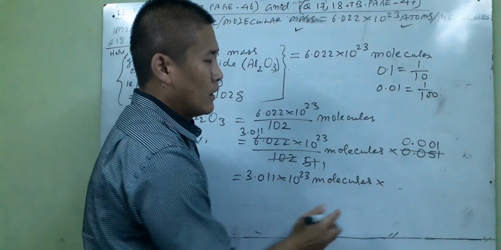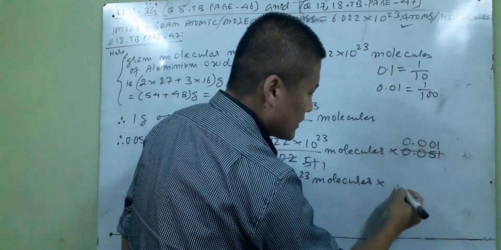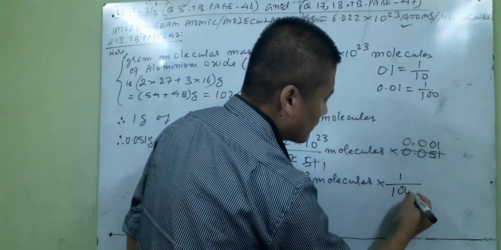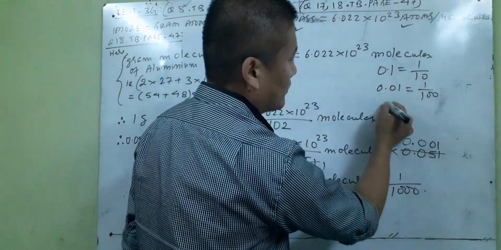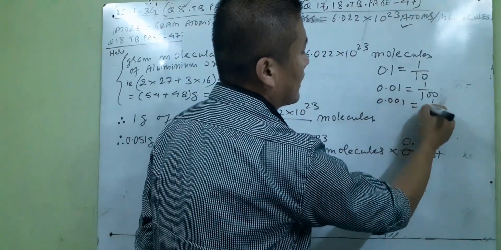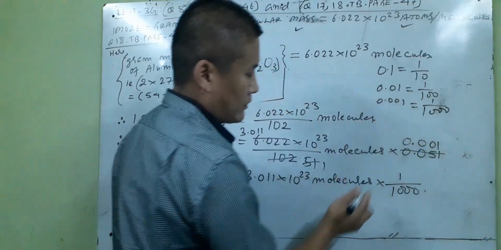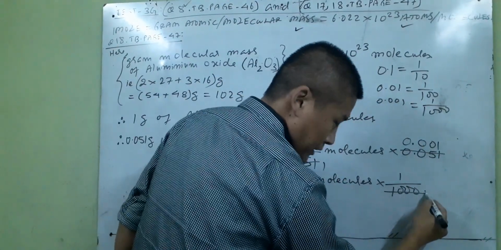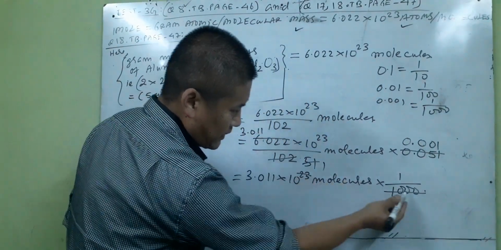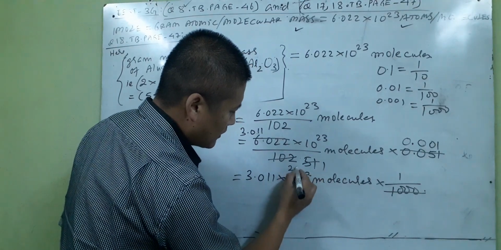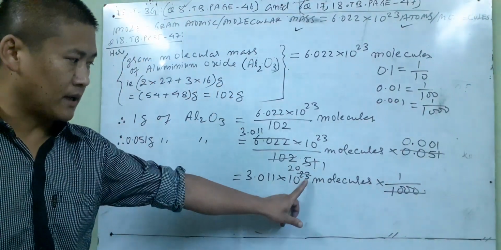Like that. So 0.001 is 1 divided by 1000, because there are 3 zeros, so 10 to the power 3, this one. So 3 is gone. 23 minus 3 power, only 20 power is left. This is power, okay, not number cancellation.